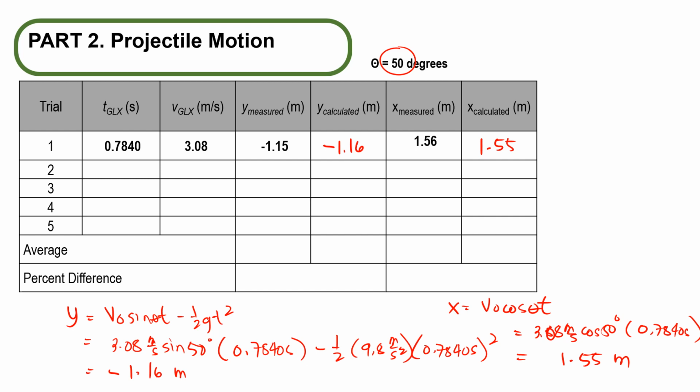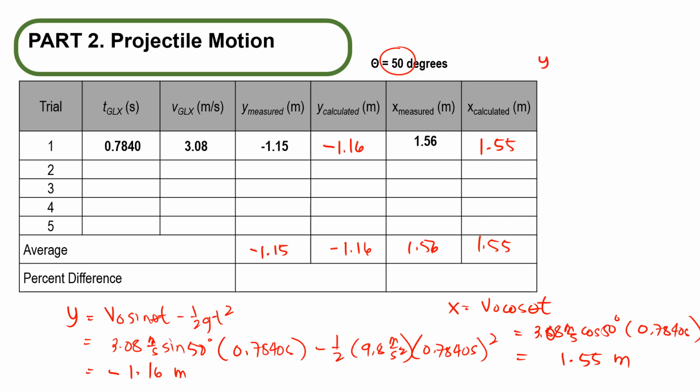Suppose that we have the same given TGLX and VGLX for trials 2, 3, 4, and 5. So our average will also be the same: negative 1.15, negative 1.16, 1.56, and 1.55. Now let us compute for the percent difference for the y measured and y calculated.